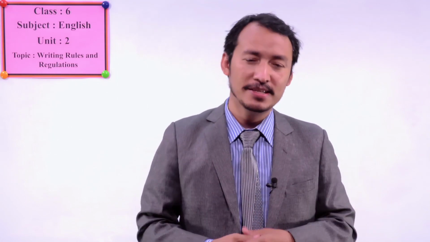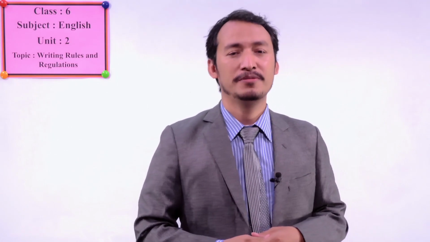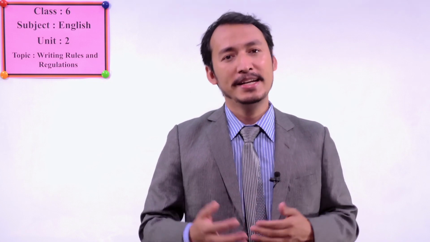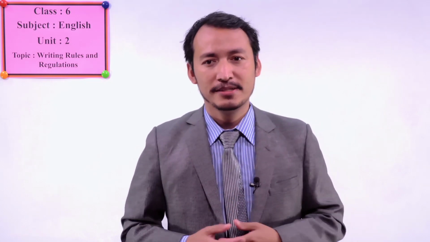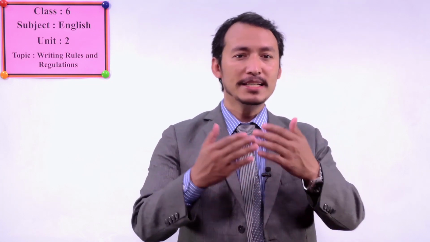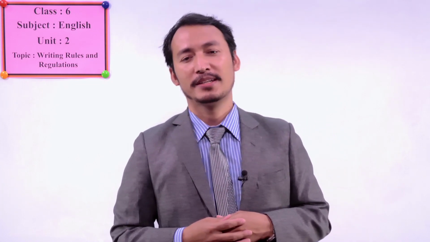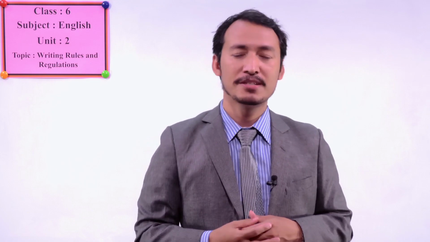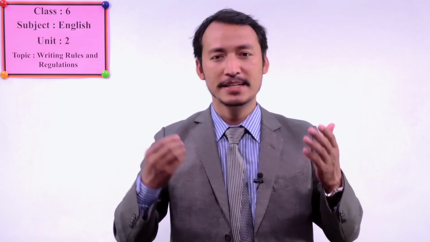So from these rules as well, we have some ideas about how to write rules and regulations for our classrooms. Okay, you can take some of the best sentences, rules from here and write.